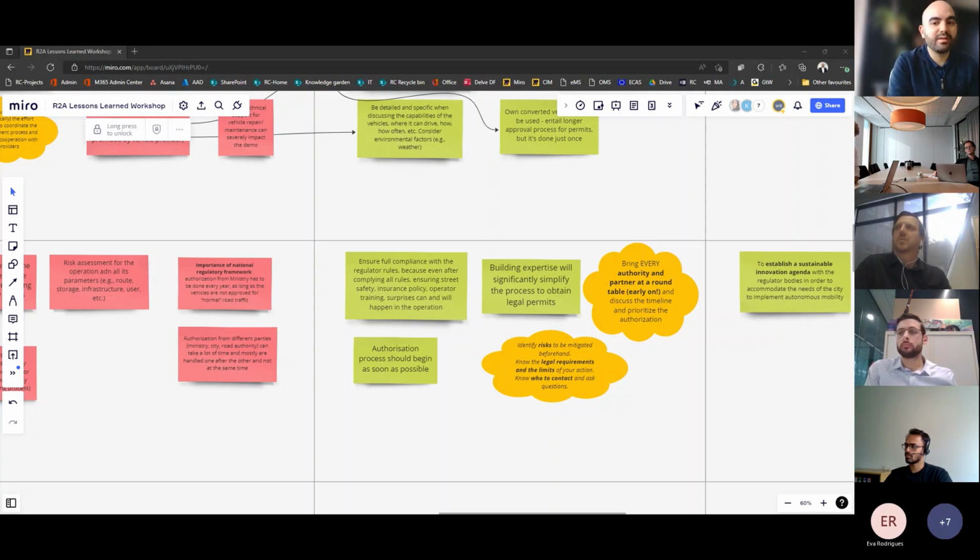If everything is well clarified since the beginning and the contexts are done, then it's a plus, and you have two different companies working together seamlessly.